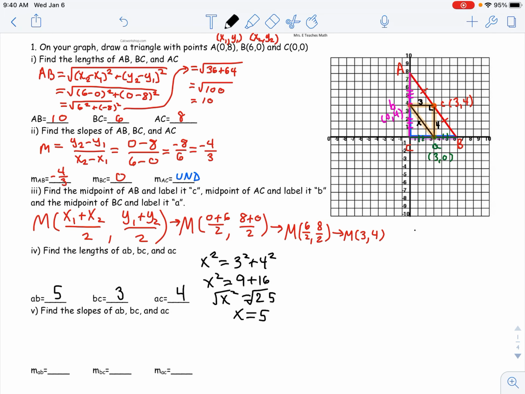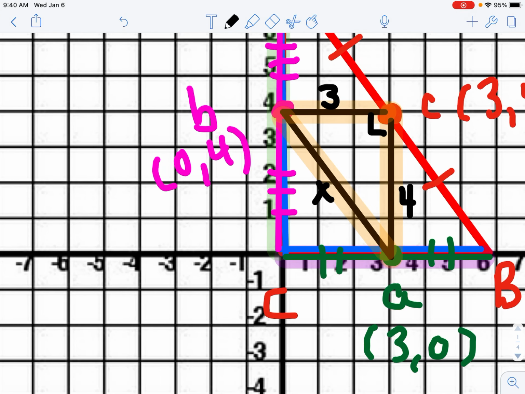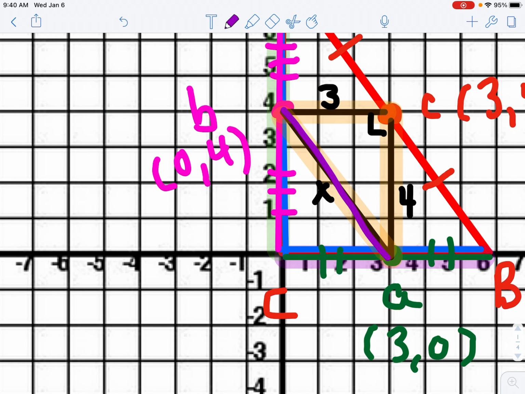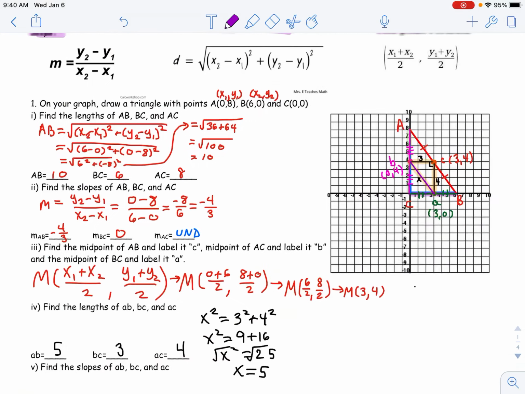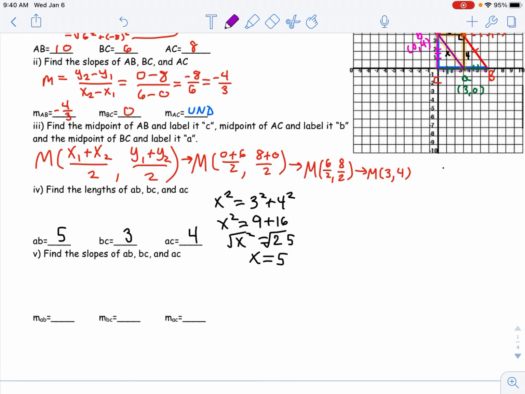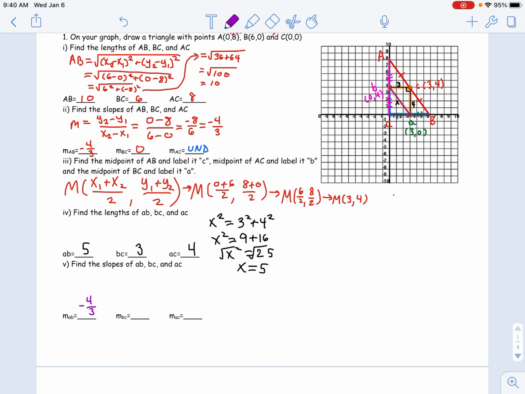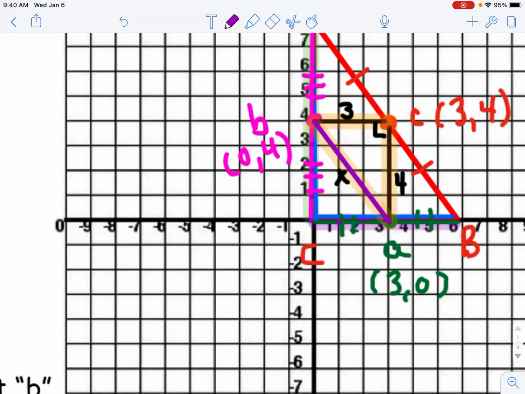Anyways, we're gonna find the slopes of things, so let's just go ahead and count the slope of lowercase ab. It said find the slope of lowercase ab, which is this right here, and it's a rise of -4, down 4 over +3, so -4/3. Then BC, what's the slope of BC?